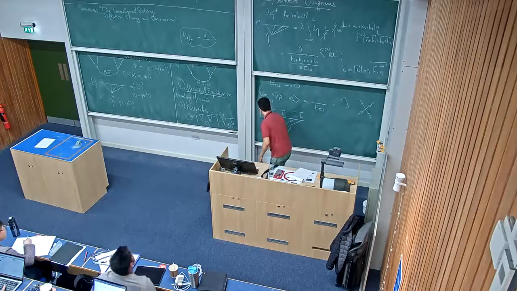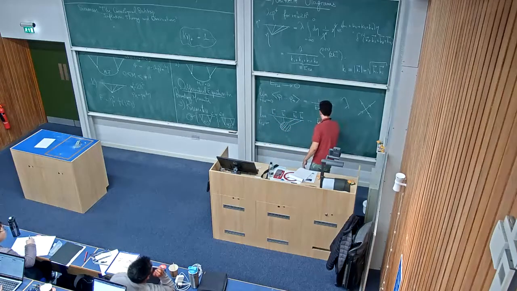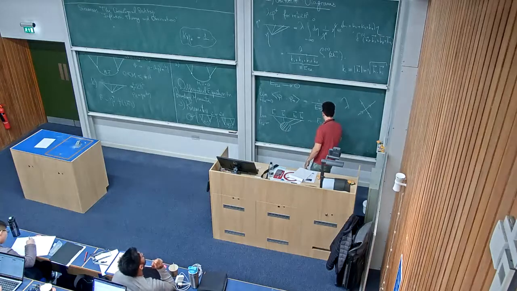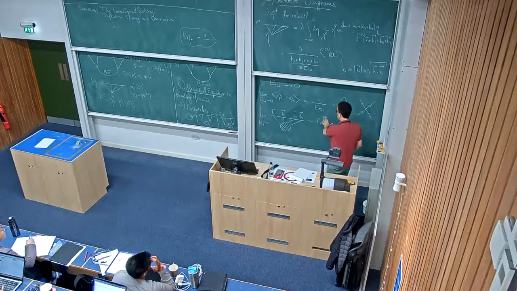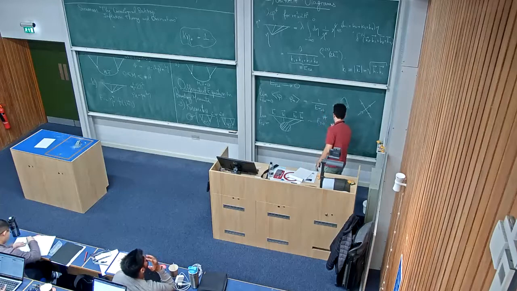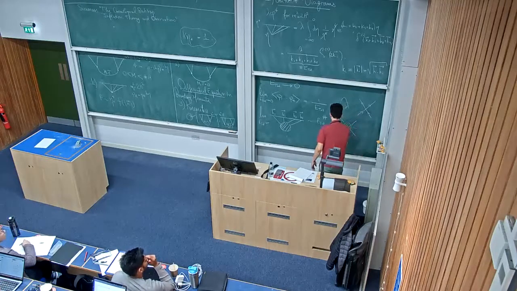So when I send E total to 0, this should go like E total to a certain power. It's typically singular. It can be logarithmic, the singularity, and so on, times the flat space scattering amplitude at the high energy limits, okay?